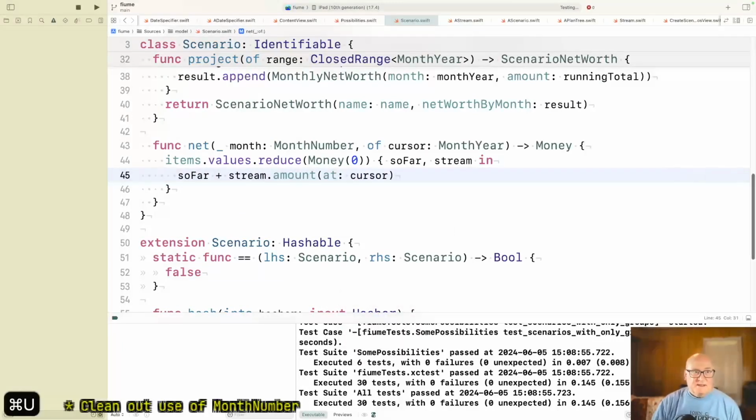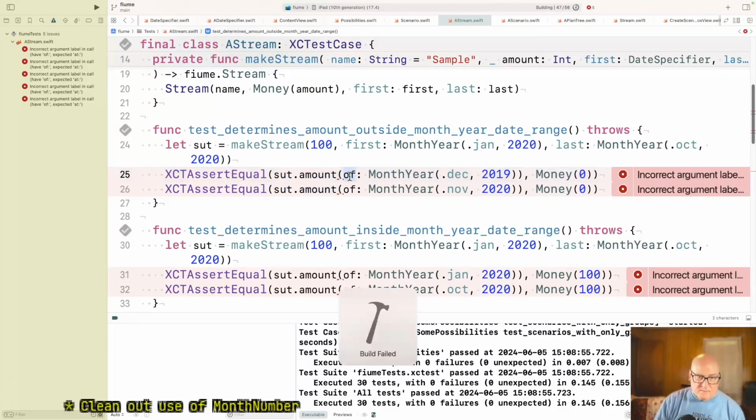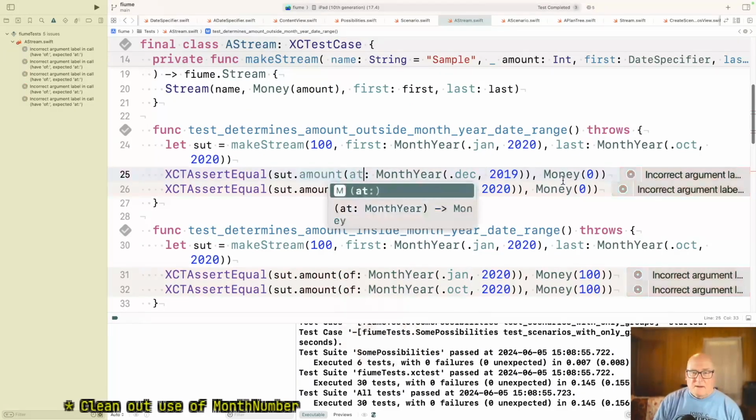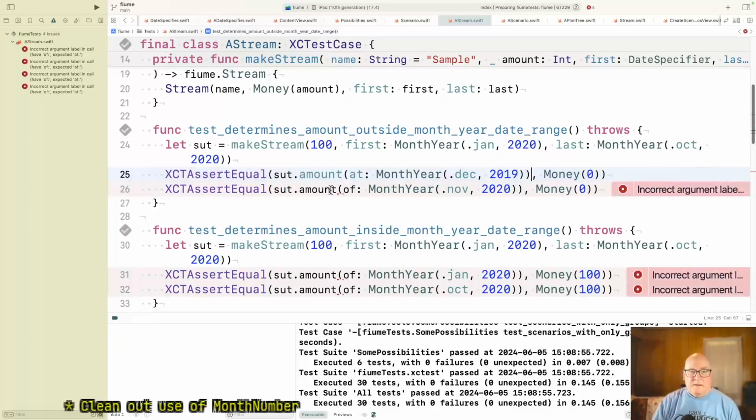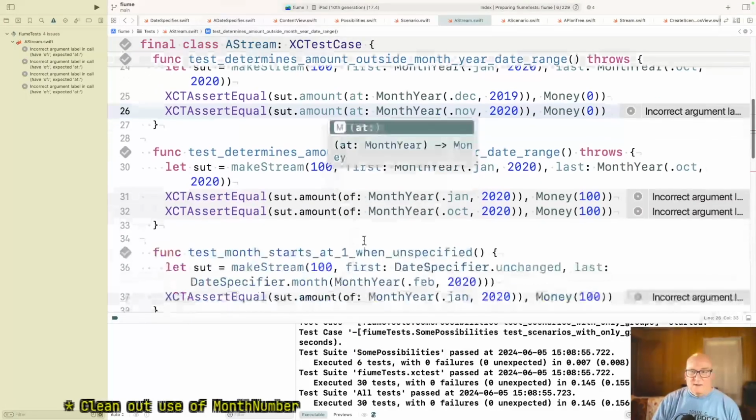Okay, and there's some tests. A bunch of tests, 6 or 8. Okay, we got rid of that second argument.